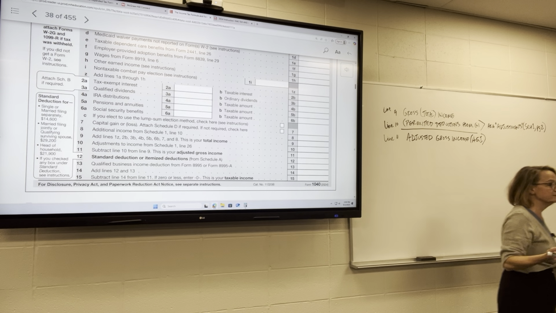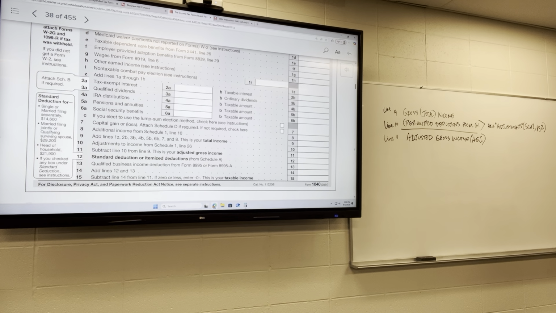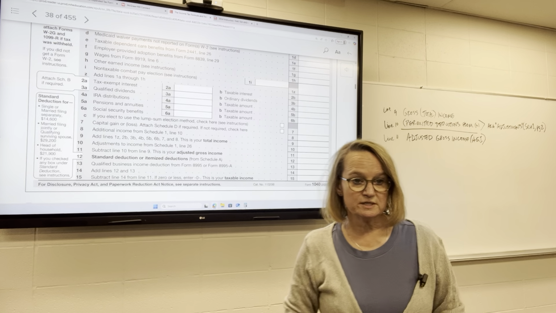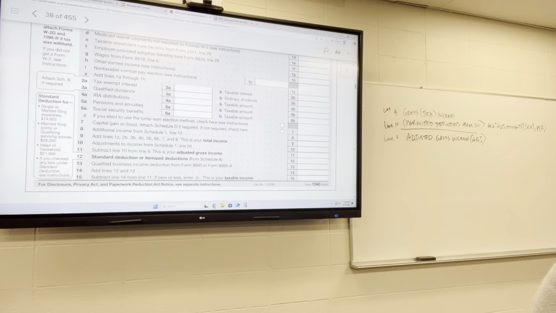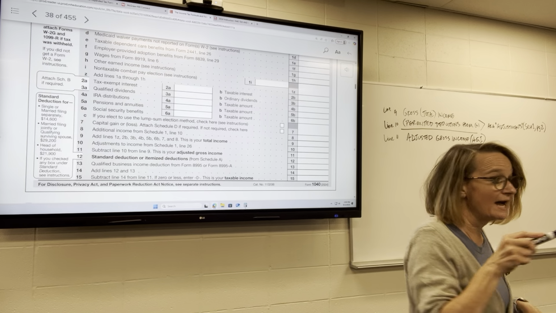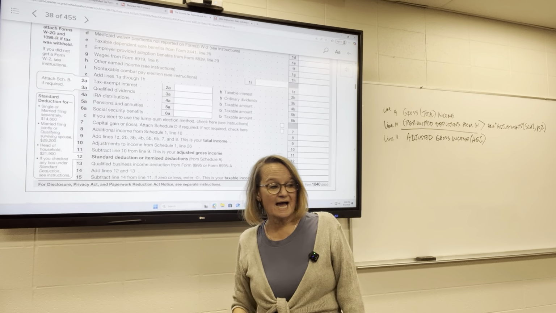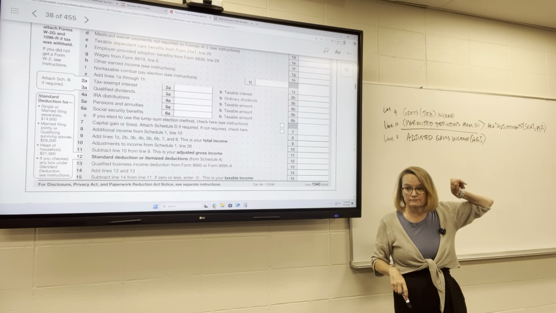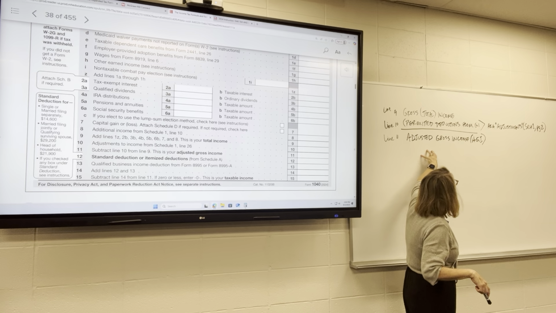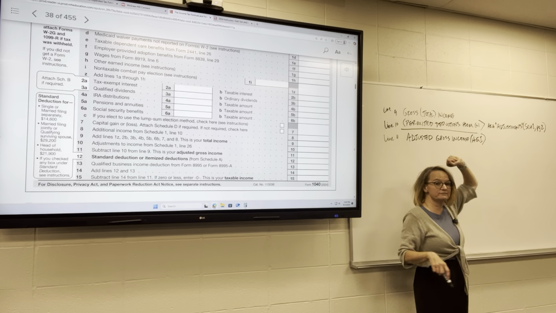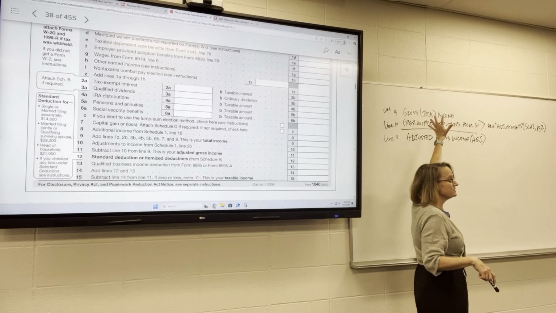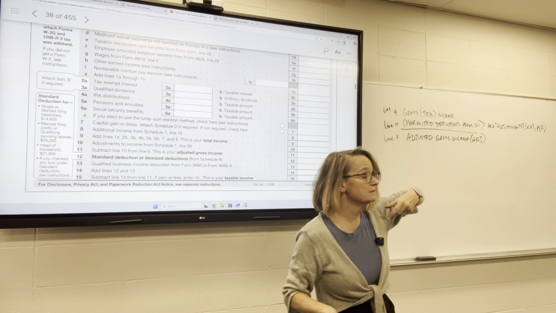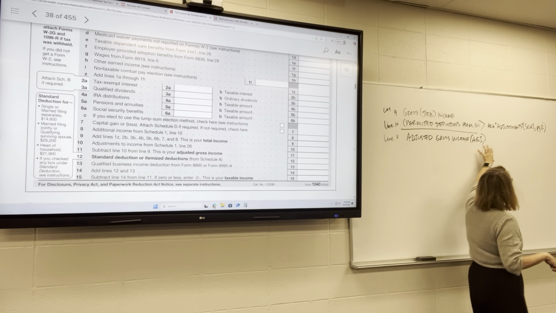Now, why do we need this subtotal here, this adjusted gross income? We need it because there are a lot of items elsewhere on the tax return that are dependent on what this number is. So they allow you to have this special classification of deductions that reduces your gross income to adjust it, to arrive at this adjusted gross income number.